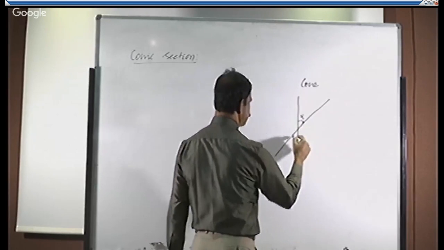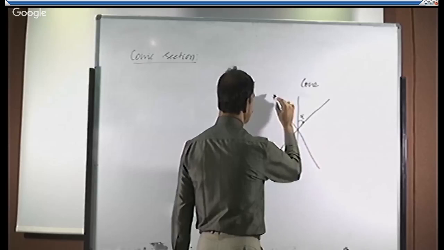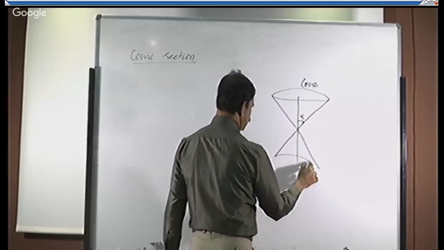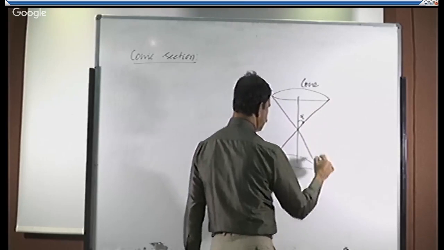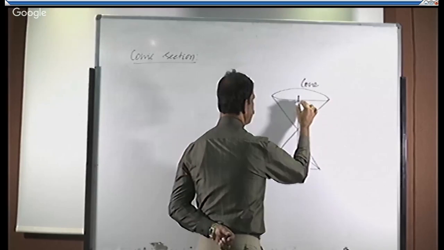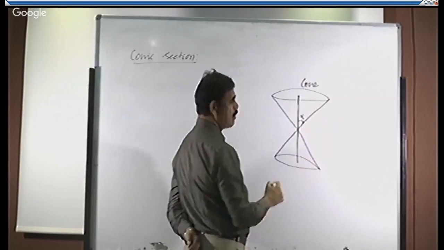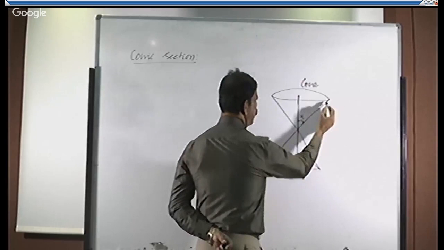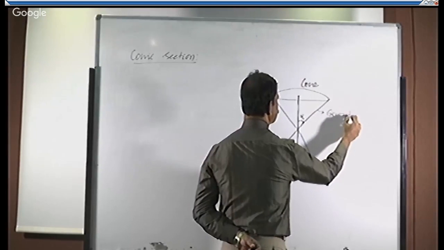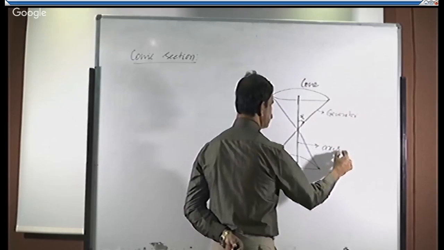At the one extreme end, it will be here. In the other extreme end, it will be here. A right circular cone is formed. So this is a right circular cone. In this right circular cone, this line will be called the axis of the right circular cone, and this line is called the generator.